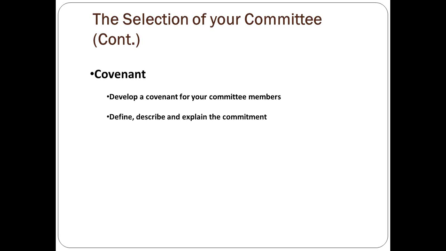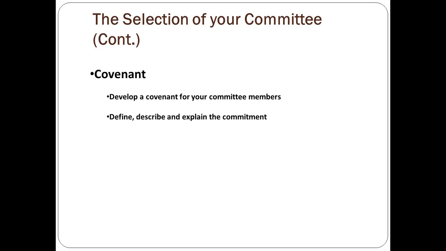Let them know what is being required of them. Don't ask them to make a decision about joining it without helping them vet themselves for that committee. You're better off to wait and to go through the grueling process of talking to lots of people before you determine who God wants on that committee.